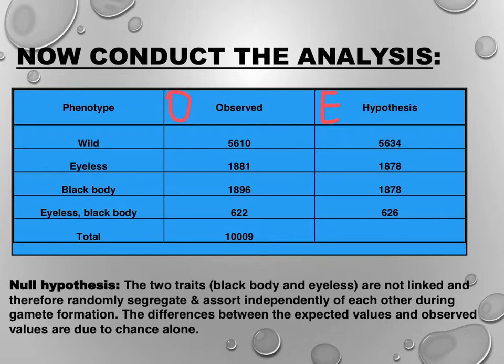So our null hypothesis should say that the two traits that we are testing, black body and eyelessness, are not actually linked, and we think that they would have randomly segregated and randomly assorted during the formation of this gamete, during the formation of this new cell. So the differences between our expected values and our observed values are due to chance alone. We don't think that there's anything more going on than just normal meiosis. That's what this null hypothesis states.